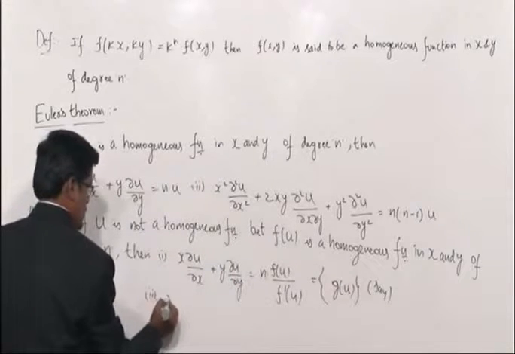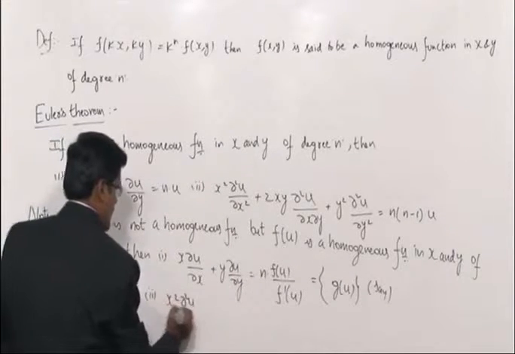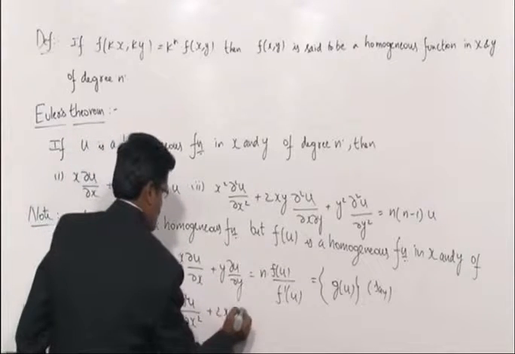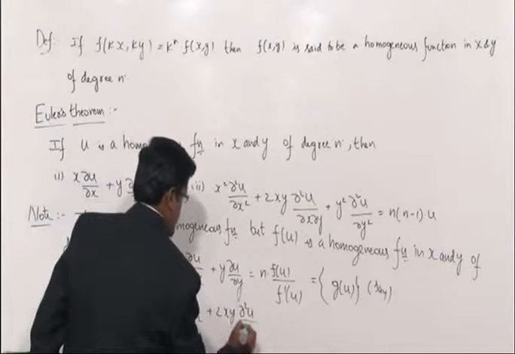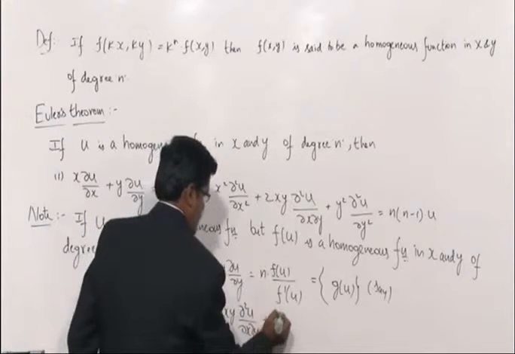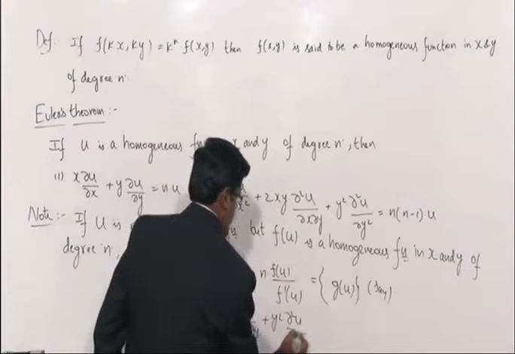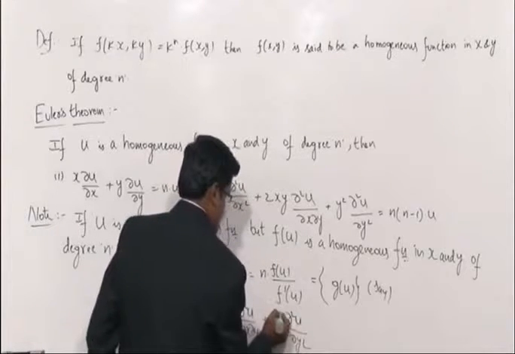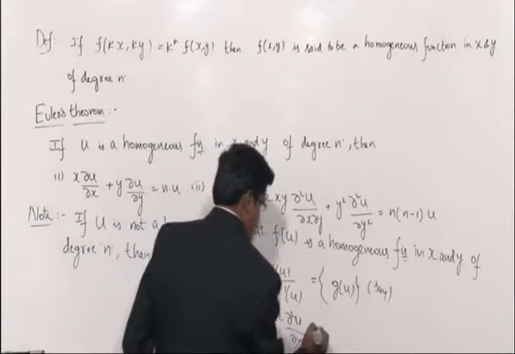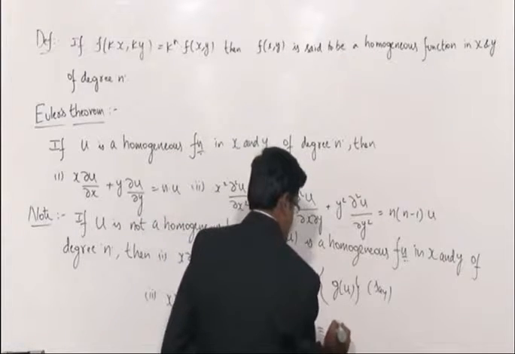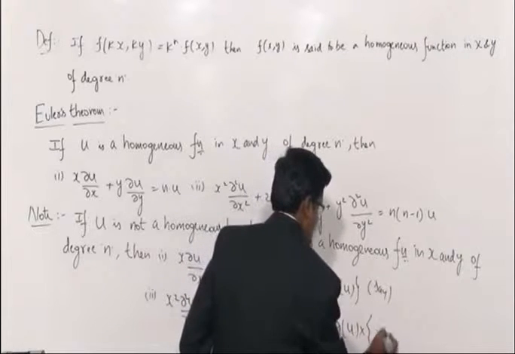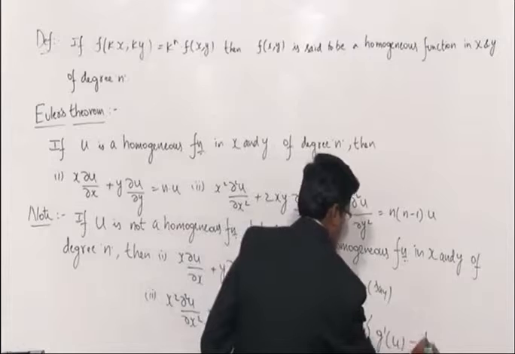Second order: x square del square u by del x square plus 2xy del square u by del x del y plus y square del square u by del y square is equal to g of u times g dash u minus 1.